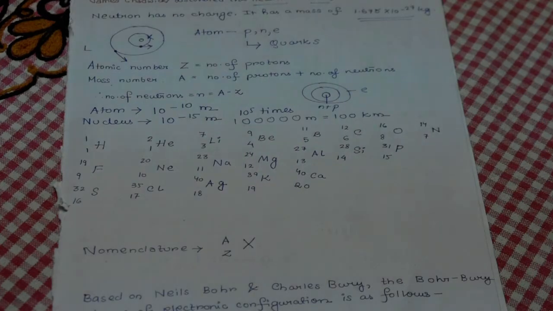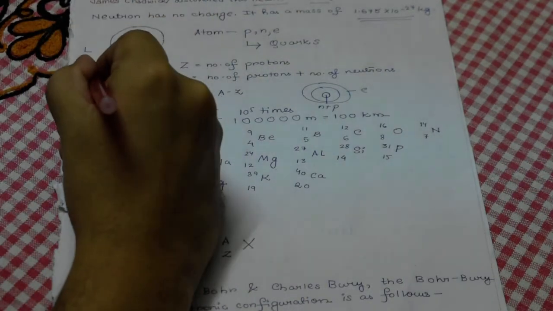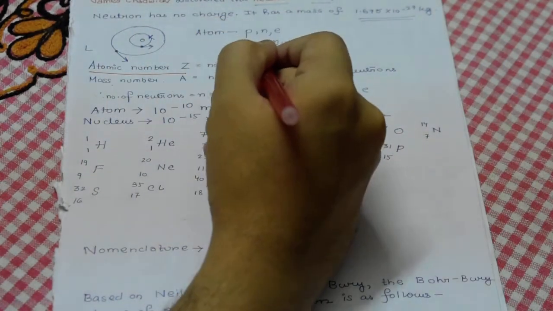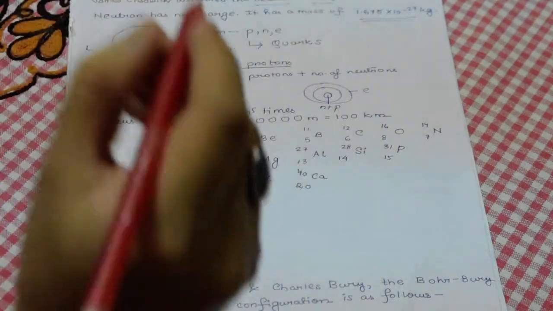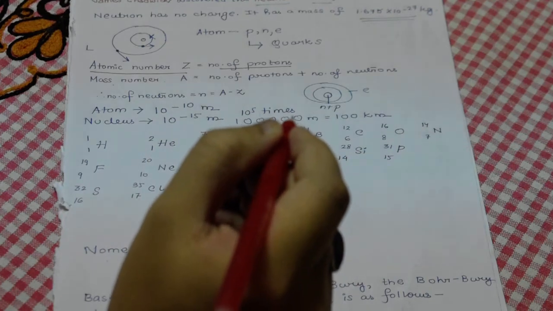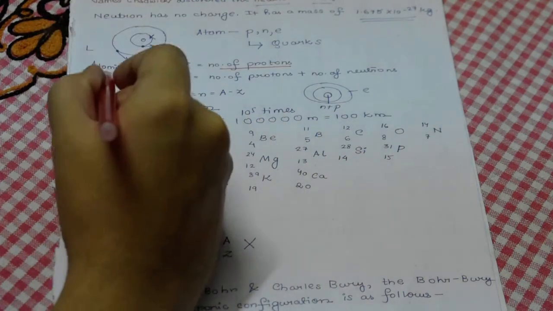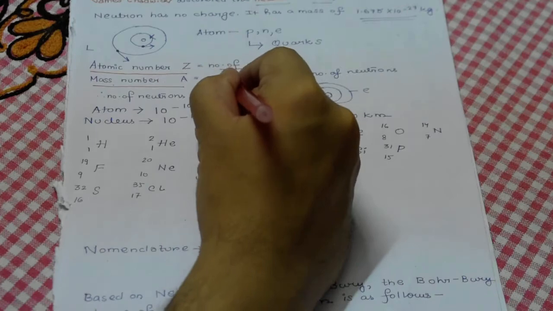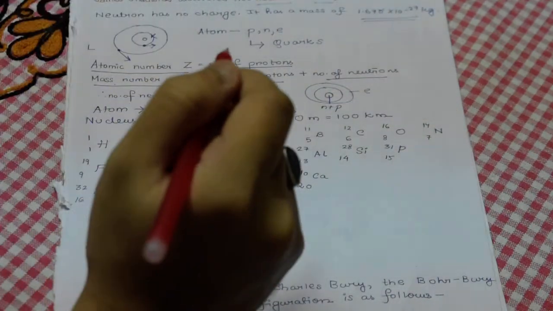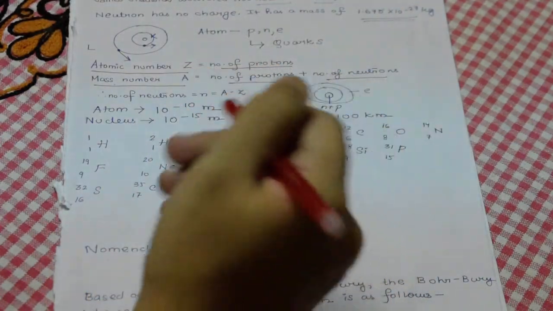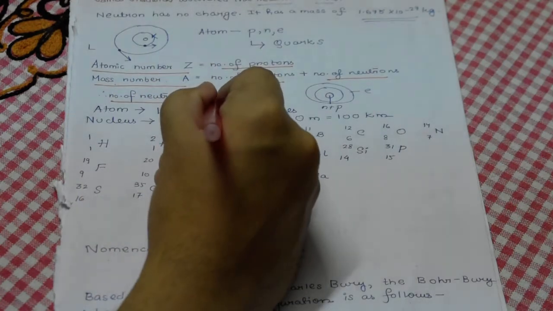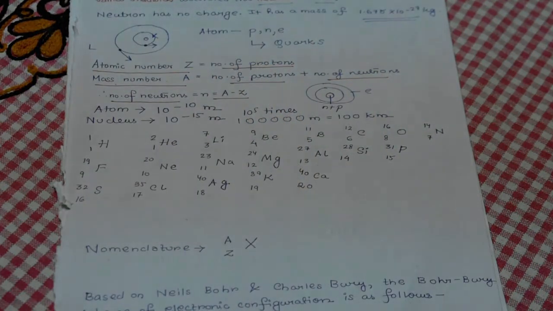Now we define something as the atomic number and the mass number. So what is the atomic number? The atomic number is the total number of protons present inside a nucleus, and the mass number is the total number of protons and neutrons present inside a nucleus. Therefore, to find the number of neutrons, simply subtract the atomic number from the mass number.